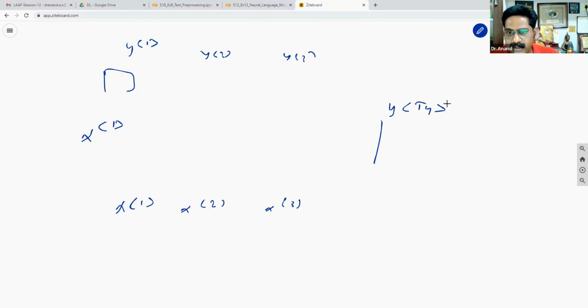I don't use ty because it's only one value at the output, so only y cap. So this is many to 1, and this is 1 to many. Whereas in many to many, it is a combination of both: x of 1, x of 2, x of 3, and at the same instants y of 1, y of 2, y of 3.